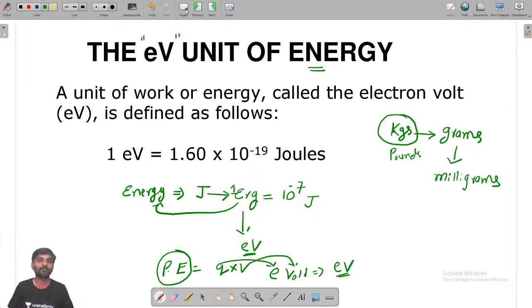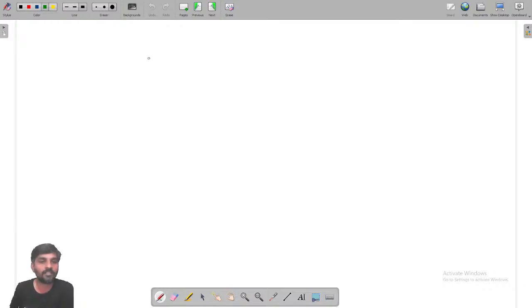Frankly speaking, let's assume a charge q is trying to fall from here to here, losing 1 volt of potential.